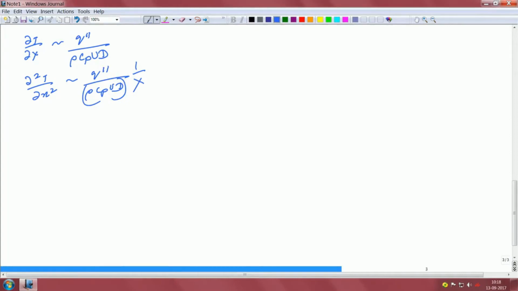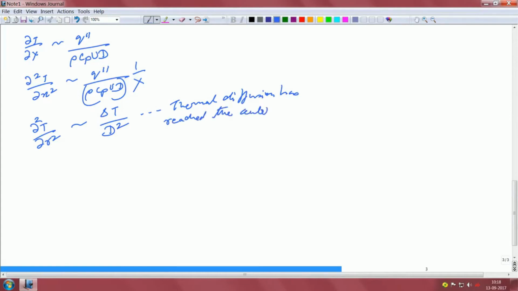And of course, there will be the last term, which is d²T/dr². That will be given as delta T divided by d square, because we already know that r has reached d, that means the center of the pipe. Basically this comes because of the fact that thermal diffusion has reached the center line.